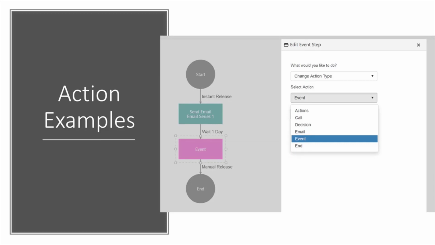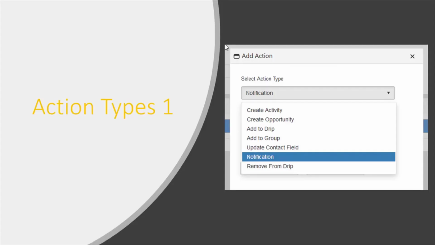So this starts to get really exciting because now you're getting intelligence coming back into ACT. And because of that intelligence, it allows you to really get interesting with this. Some of the action items you can do are you can create an activity, which I just mentioned, such as a phone call. If you have sales staff, you can create a sales opportunity. You can add it to a different type of drip campaign. Maybe you have another drip marketing campaign specifically for people interested in chocolate ice cream.